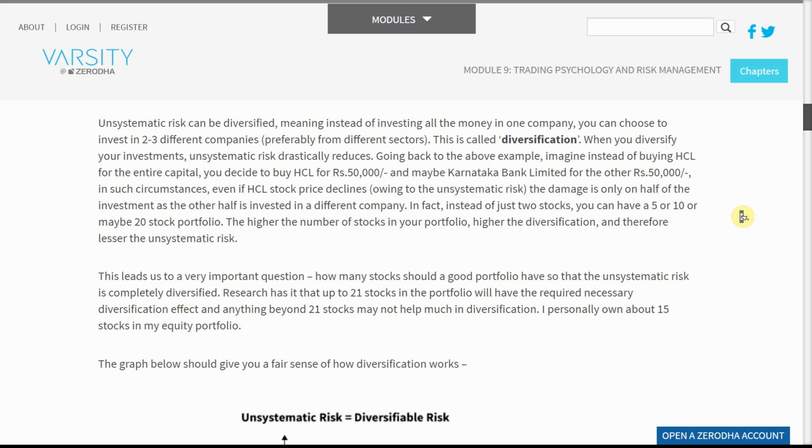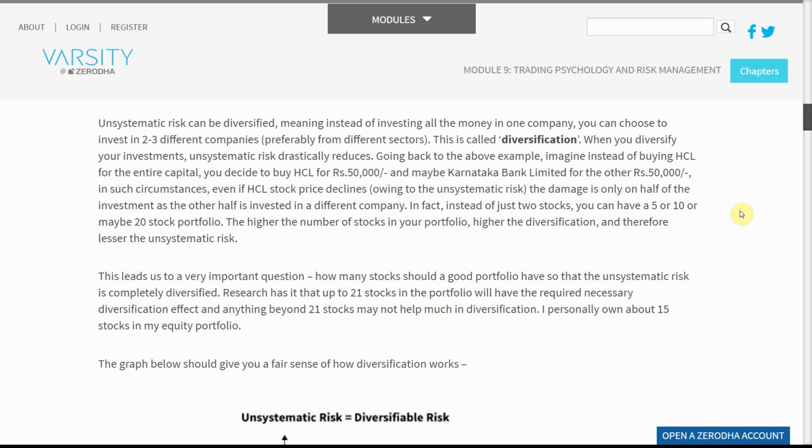Going back to the above example, imagine instead of buying HCL for the entire capital, you decide to buy HCL for 50,000 rupees and maybe Karnataka Bank Limited for the other 50,000 rupees. In such circumstances, even if HCL stock price declines owing to the unsystematic risk, the damage is only on half of the investment, as the other half is invested in a different company.